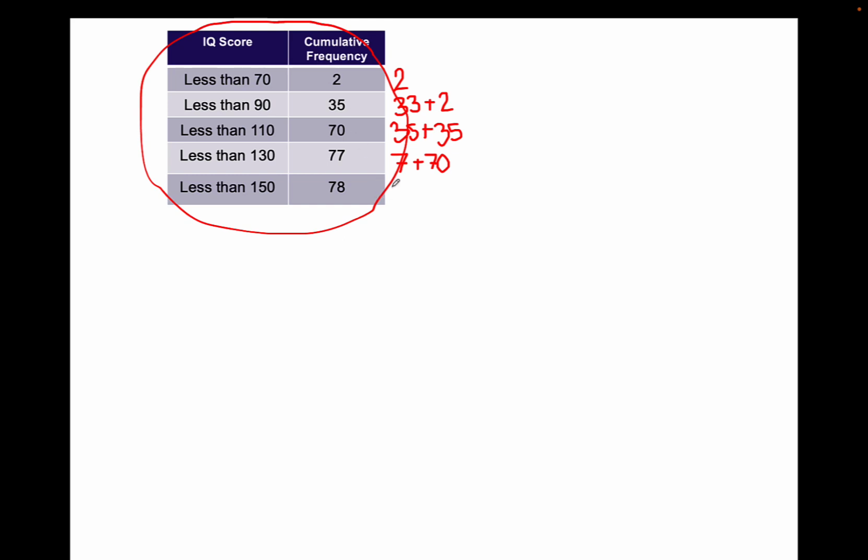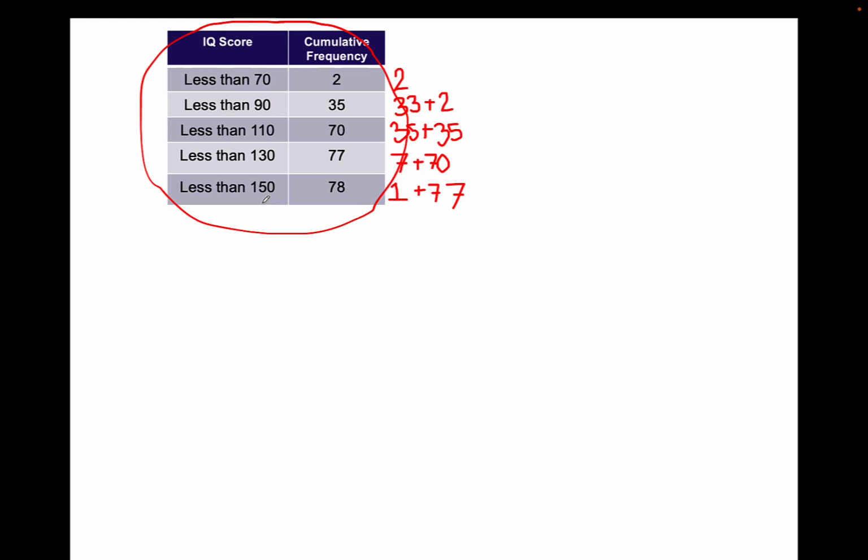Last one, we had one IQ score that fell into the highest class. So we added that to the 77 before, and that is how we came up with our 78 IQ scores of less than 150.